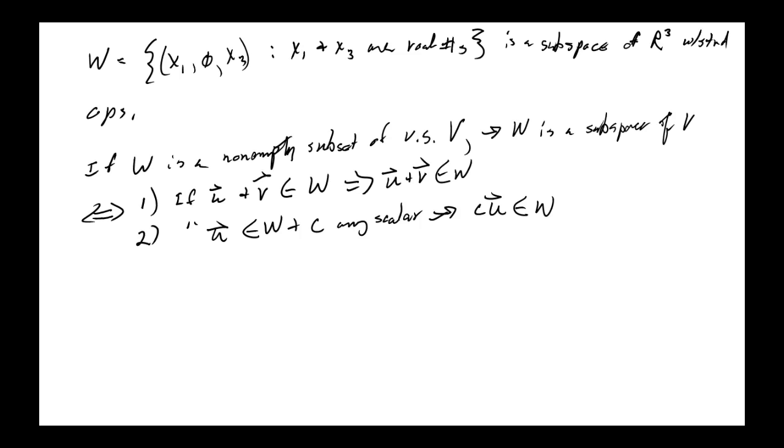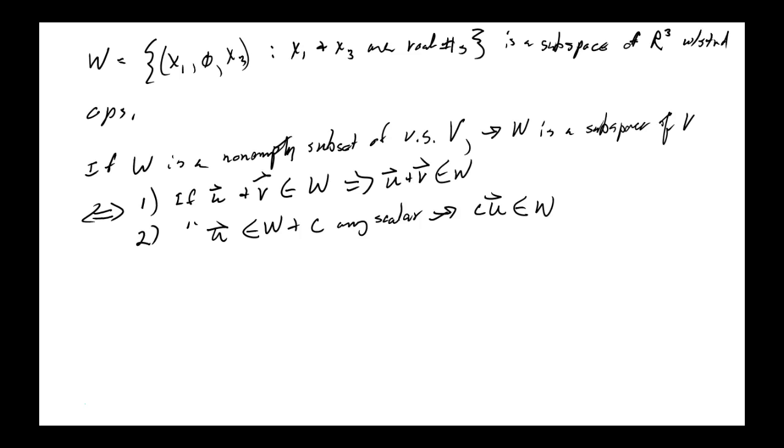Because a subspace of a vector space is also a vector space, it must contain the zero vector. That's what I was just worrying about.